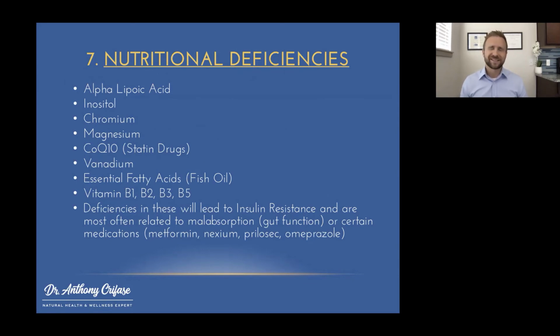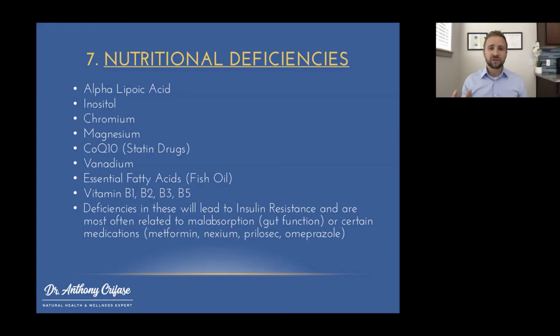Nutritional deficiencies. This is a really big one. We talked about how medications very often, and I have other videos on my website that discuss these in depth and go over the research, show that each medication creates certain nutritional deficiencies. Alpha lipoic acid, inositol, chromium, magnesium, CoQ10, related to statin drugs.